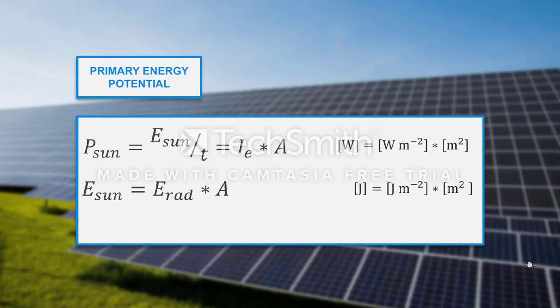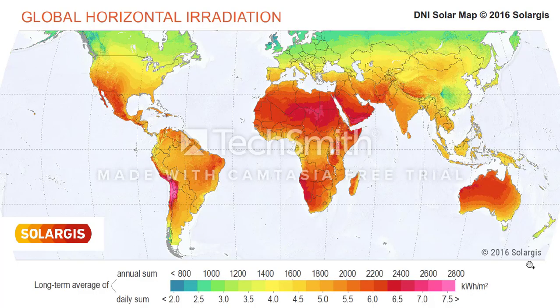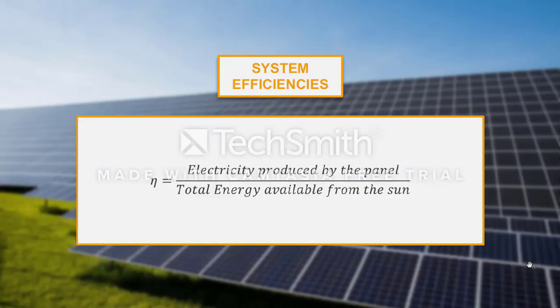The irradiation is highest for locations around the equator and decreases towards the poles. The global data has been made available by organizations like Solargis and NASA for irradiation. The efficiency of the photovoltaic system is equal to the energy output of the system divided by the energy potential of the sun.